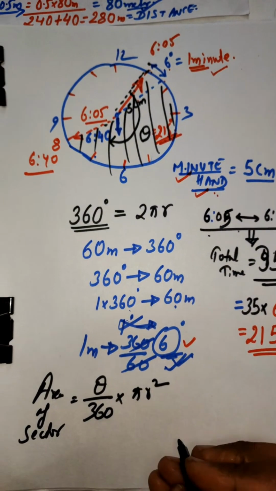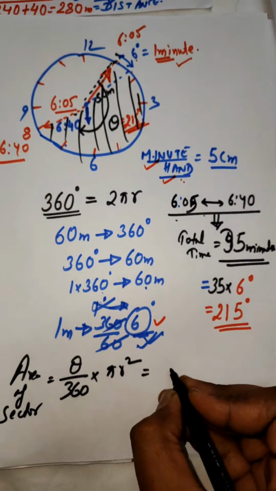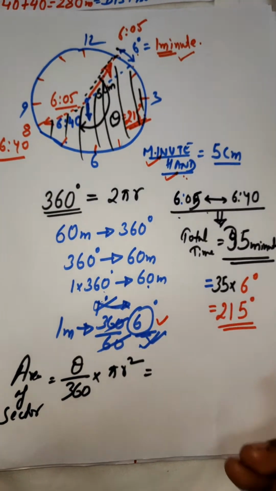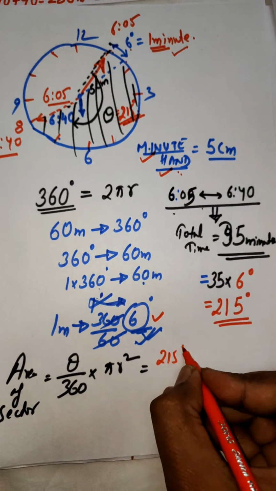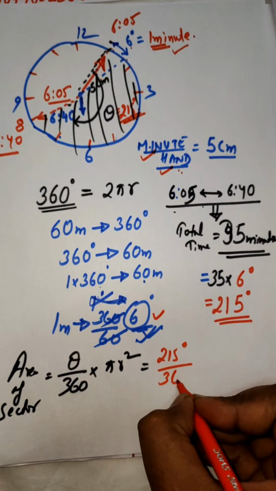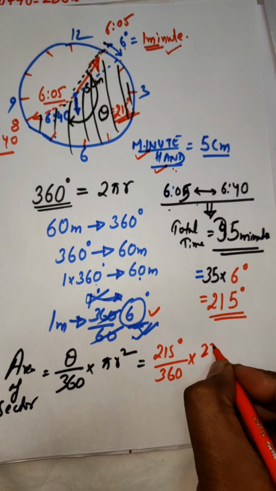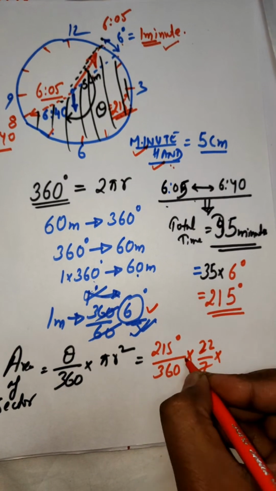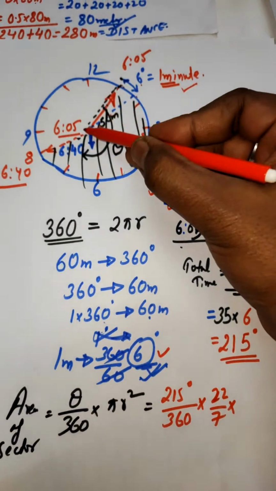Right? So what is the value of theta? We have calculated 215. Just put in this value: 215 degree divided by 360 into pi. You know the value of pi is 22 by 7, into r square. R is the radius, which is the length of this minute hand.